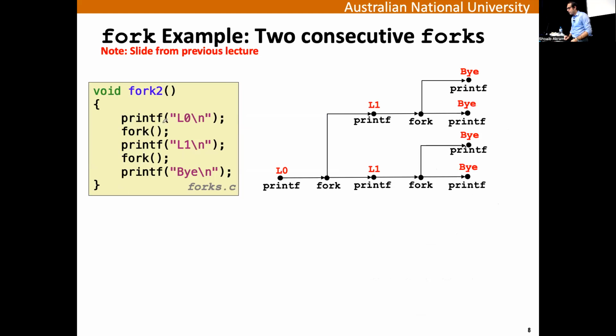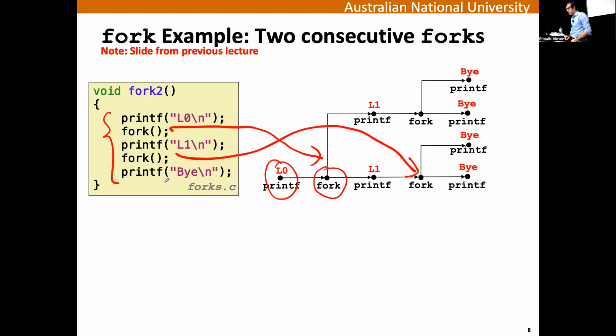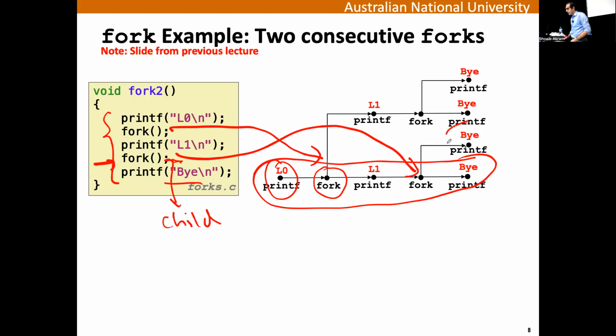So the parent executes all these statements. It does a fork here. Then it does a second fork here, and then it goes to bye. So this is the parent. The last fork that it does creates a child that only executes the bye.